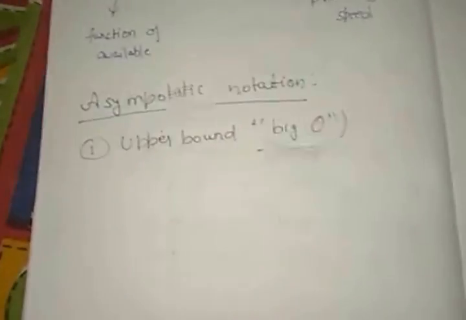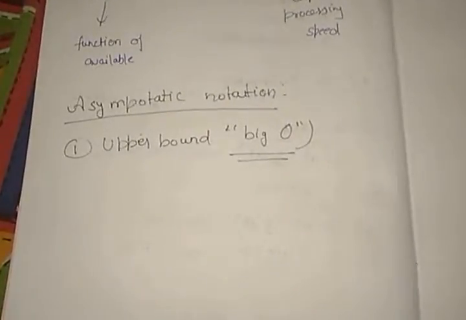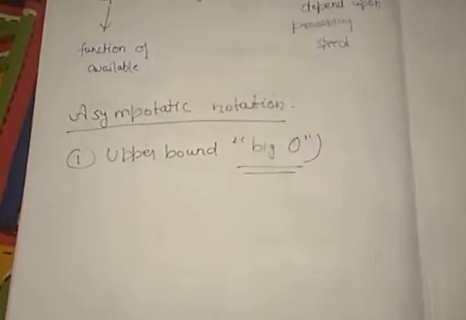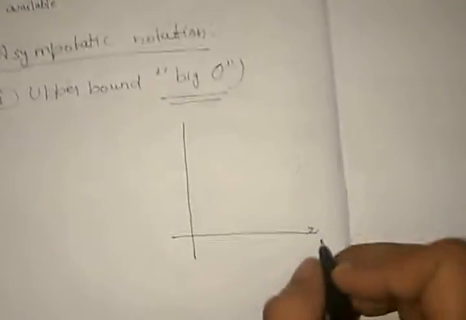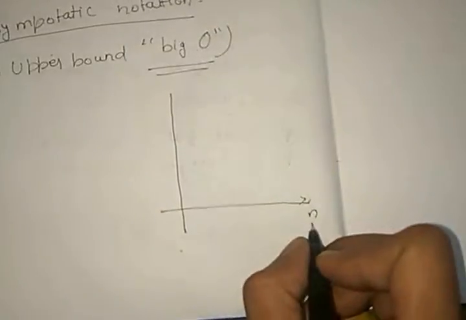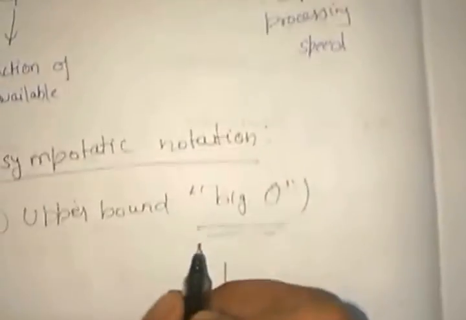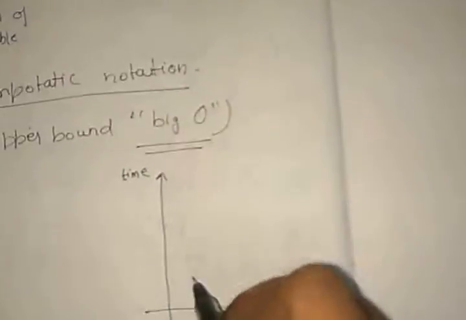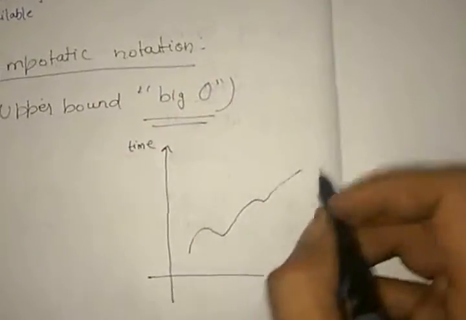So, what is the upper bound? Let us say we have an algorithm, and the algorithm has an input. The x-axis denotes input, and the y-axis denotes time. Let us say an algorithm moves according to this function.